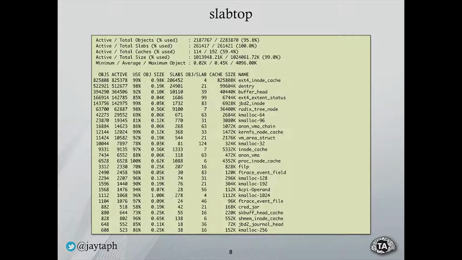Actually not files, but the file inodes. And this is not a problem, because as soon as your application needs memory, this will drop down. So this is what's exactly in the cache. There are things like dentry, which are directory entries, buffer heads, all kinds of stuff in there that will be dynamically scaled up and down.